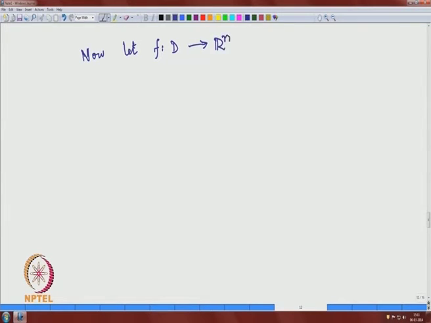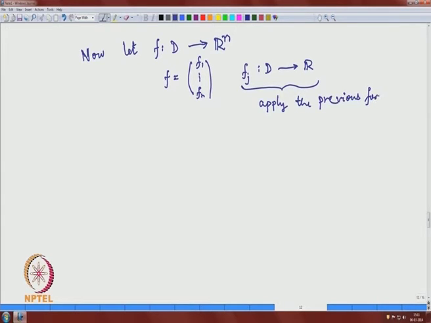You can also do it for R m, but let me just for simplicity do it for R n, and then f will have n components, f1, f2, up to fn, and each f j is now from D to R, and now we can apply the previous formula for each f j.